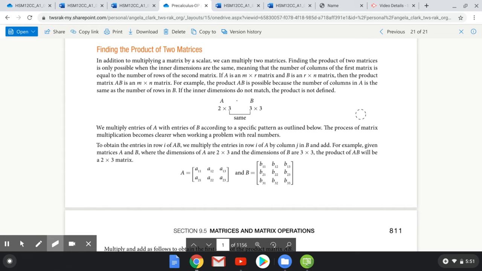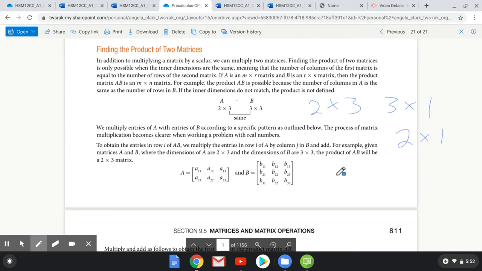Say I have a 2 by 3 and a 3 by 1, and I want to multiply these two matrices. I can do that because the columns of this one match the rows of this one. So I can do this multiplication, and the result will be a 2 by 1, the outer dimensions.